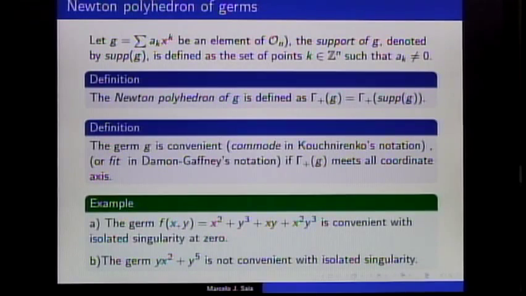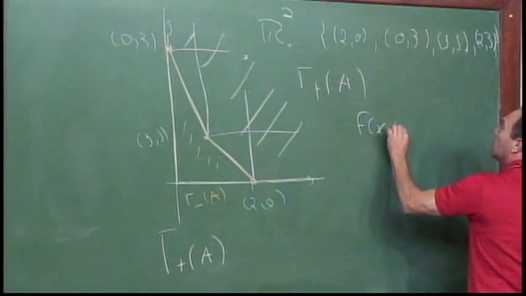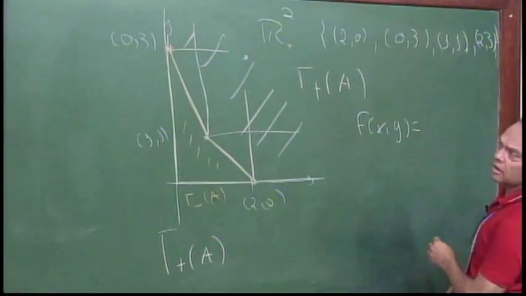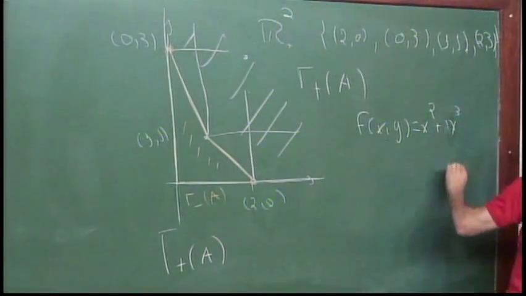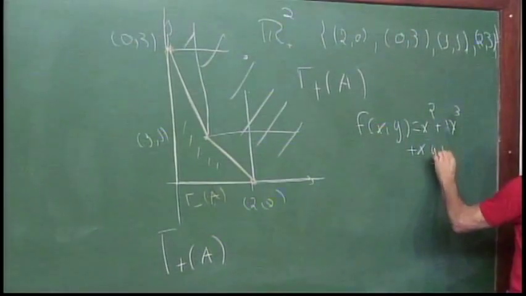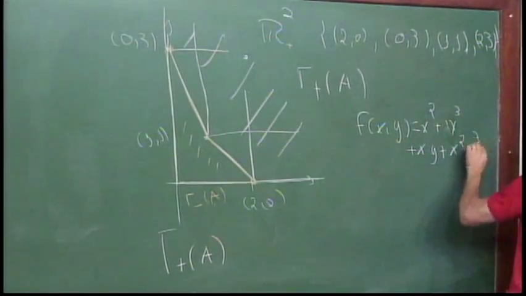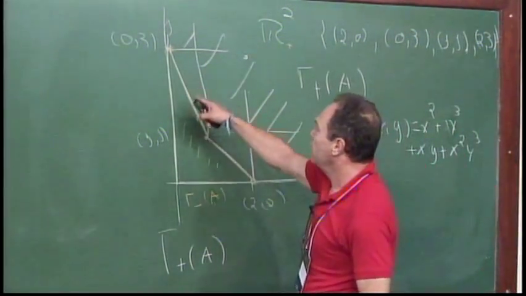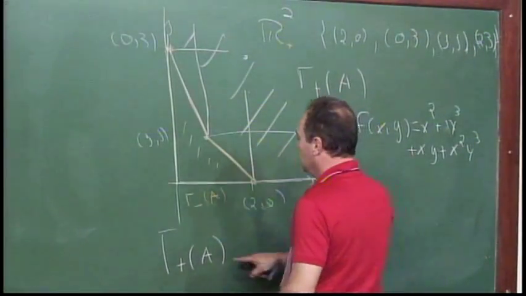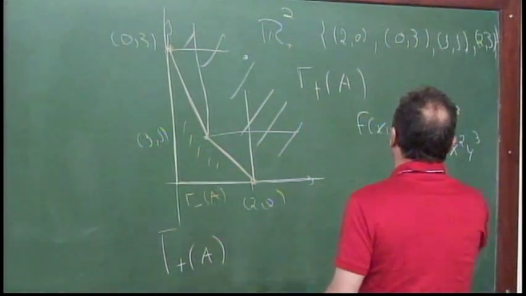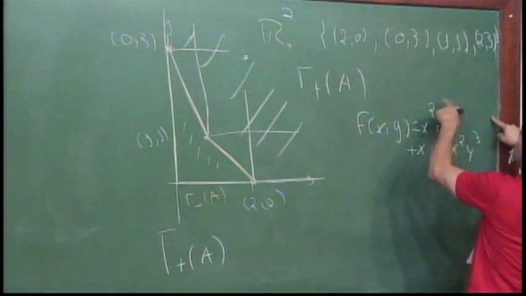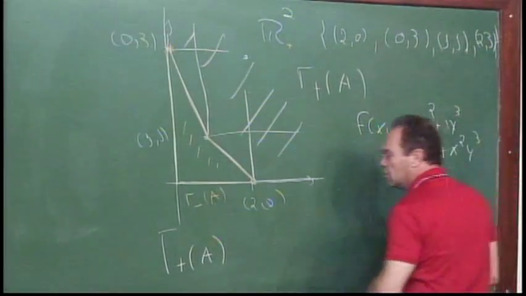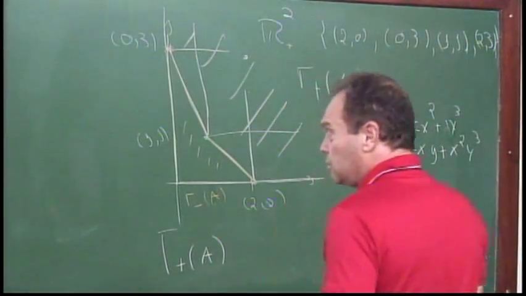And just to show something, we can look at the germ f = xy, x^2 plus y^3 plus xy plus x^2 y^3, which gives us already the same Newton polyhedron given by the set A. So when you think about the set A, we can just consider the set of exponents of the monomials that we are looking at, okay?